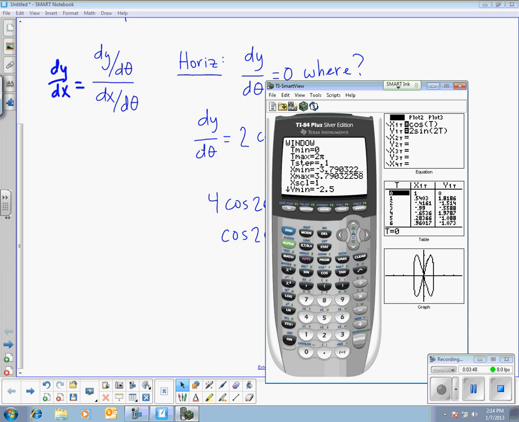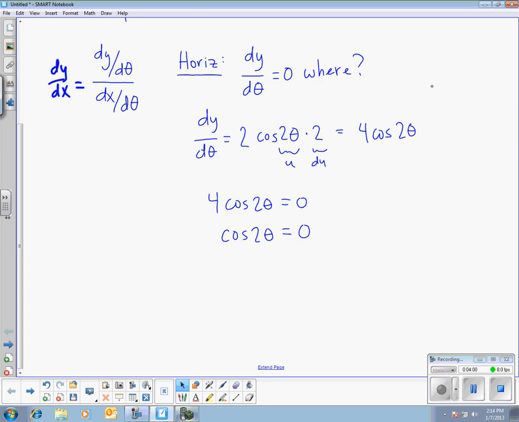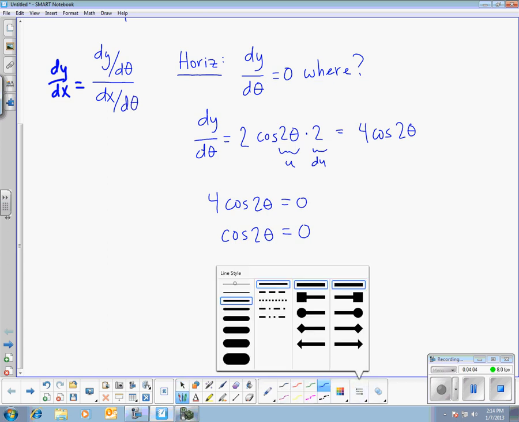That can adjust sometimes, and the graphics make it look like it didn't quite finish, but that's just lousy graphics. So 0 to 2 pi is one complete revolution of this graph. So I'm looking for theta values between 0 and 2 pi. Otherwise, I'm just recreating horizontal tangents that I already had.